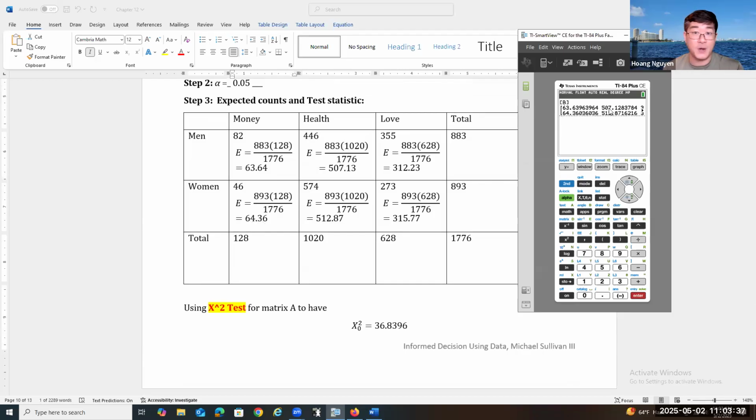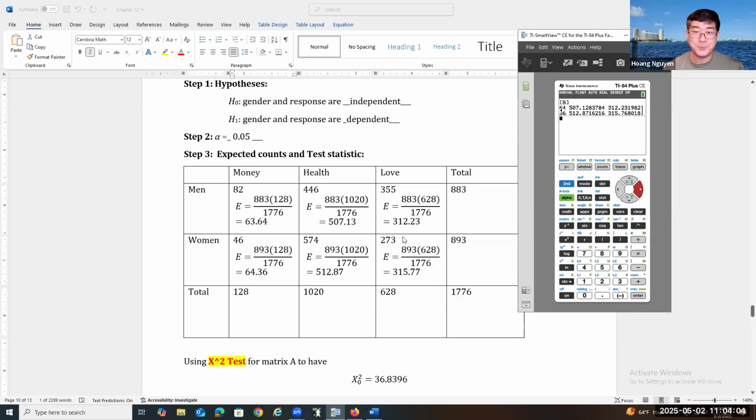The next one is 507.13 and then 512.87. When you go further to the right, you will see 312.23 and then 315.77. So the expected frequency for this table, you might try to do it by hand, or when you're using the shortcut, the chi-square test, the calculator will give you the output for the expected frequency for each of the cells in the table.